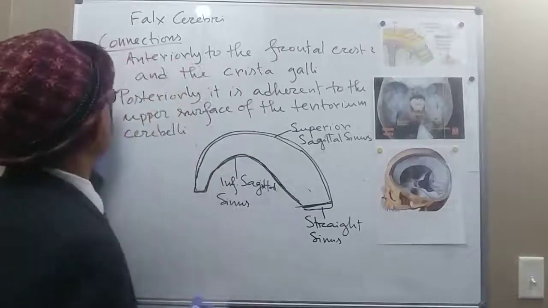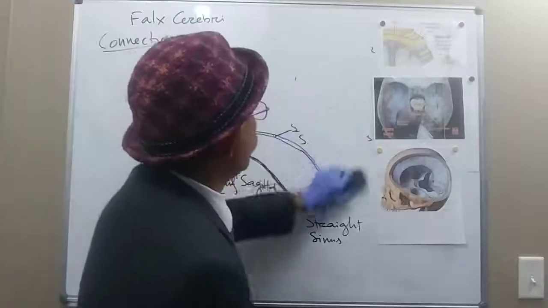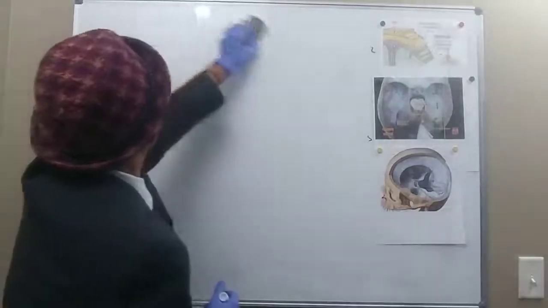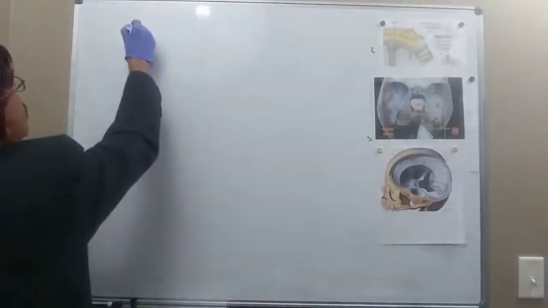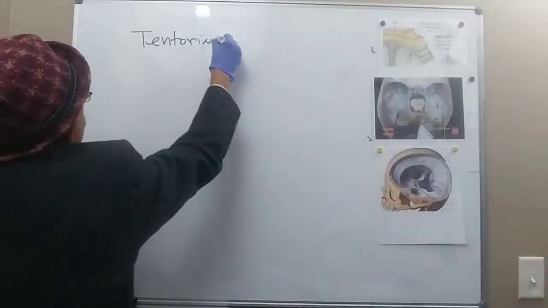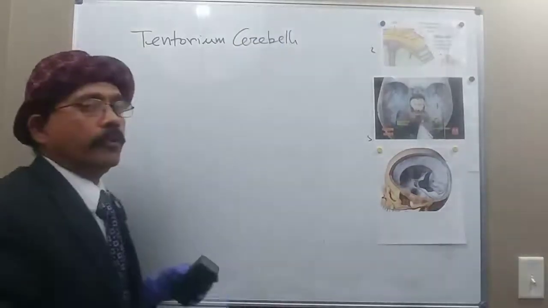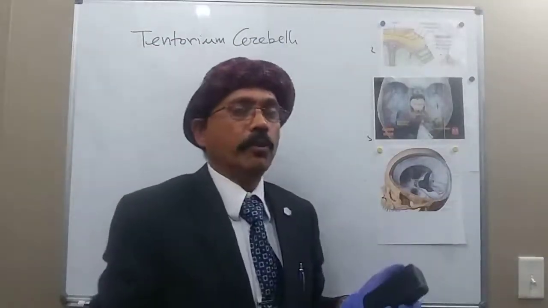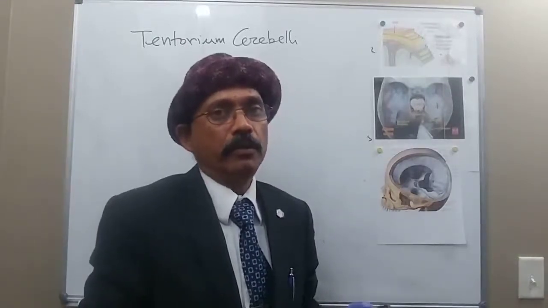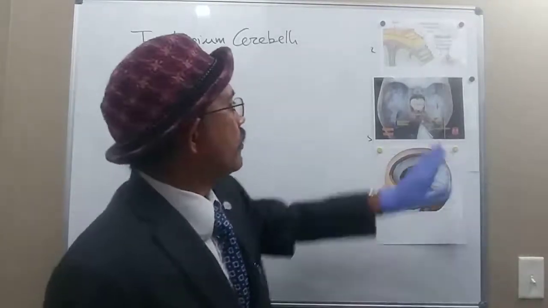Okay, now we'll go to the Tentorium cerebelli. This is also an important dural fold formed by the meningeal layer of the Dura matter. It is horizontally present here.